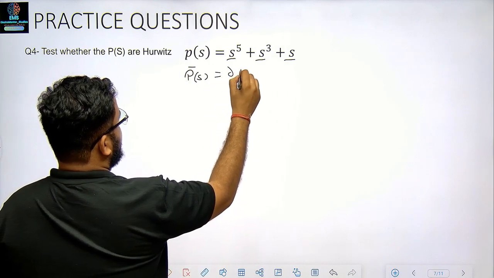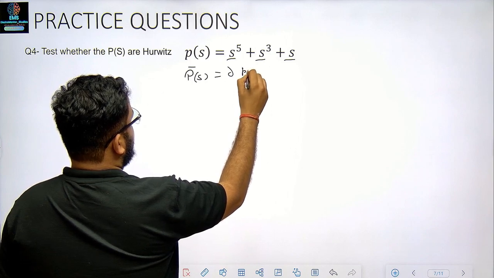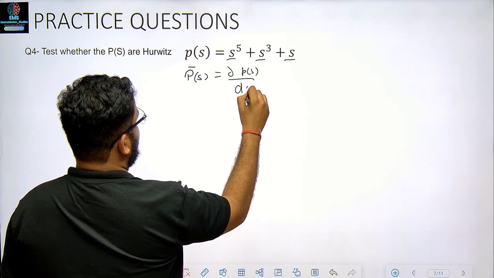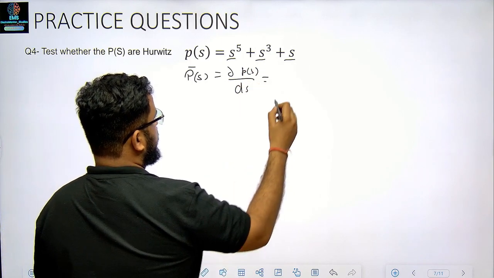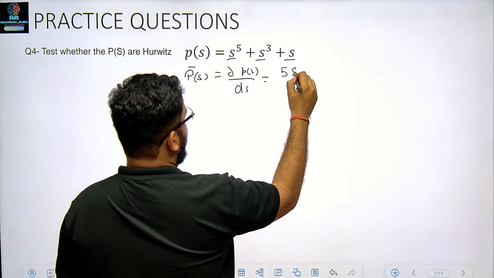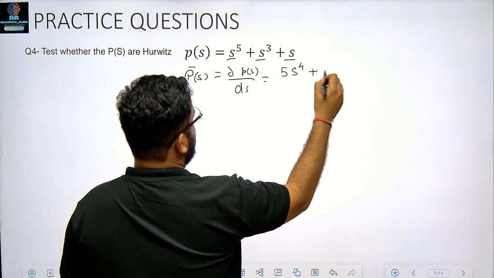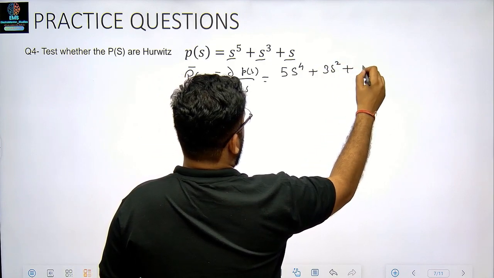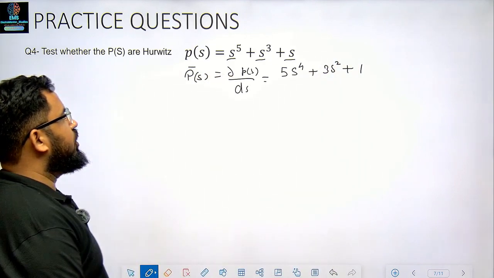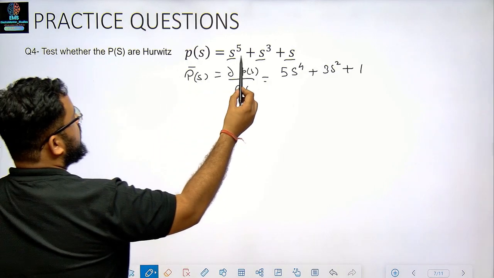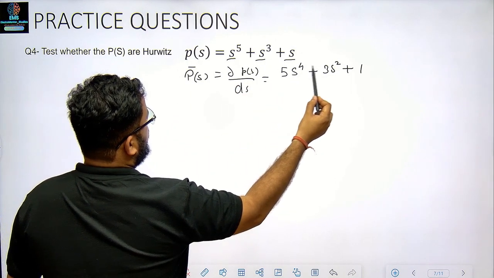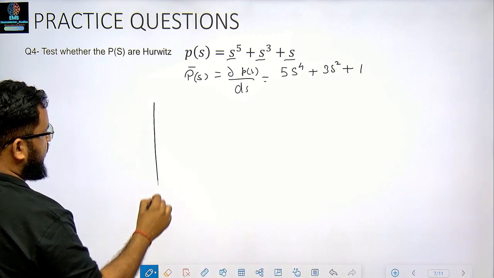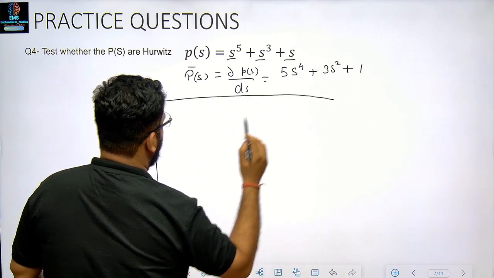that is nothing but d by ds of PS. So this is going to give me 5S4 plus 3S square plus 1. Okay. So now I've got all the coefficients of numbers from highest to the lowest power.